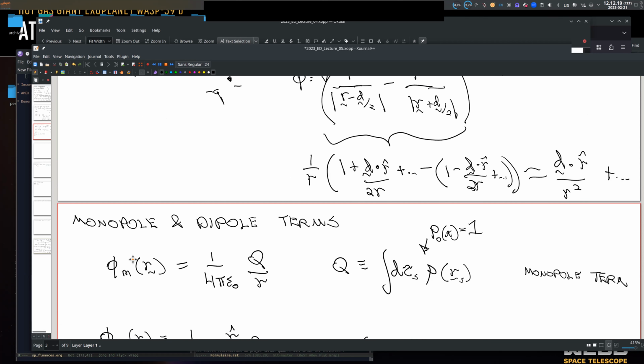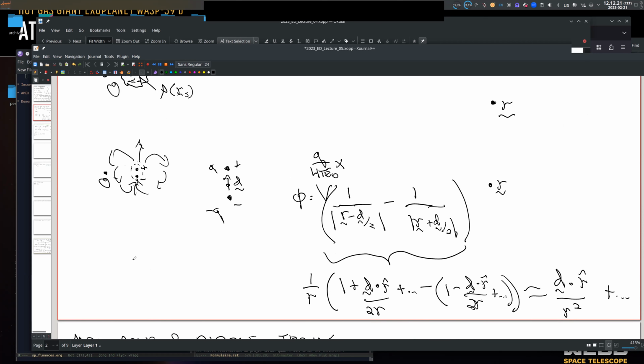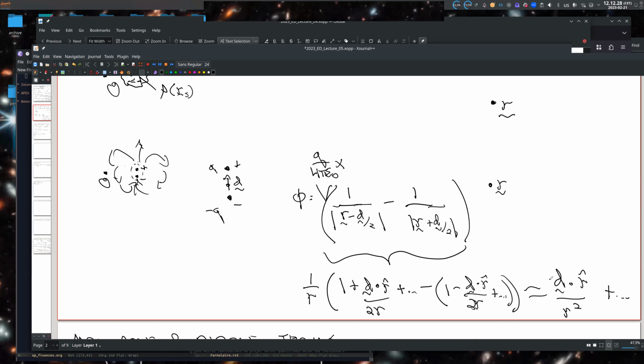You see, the Q that I have here gets multiplied into this here. So I've got a product Q times D. So Q times D here is the so-called dipole moment. The product of the two is the important thing. So if I decrease D but increase Q, I get the same dipole moment here.